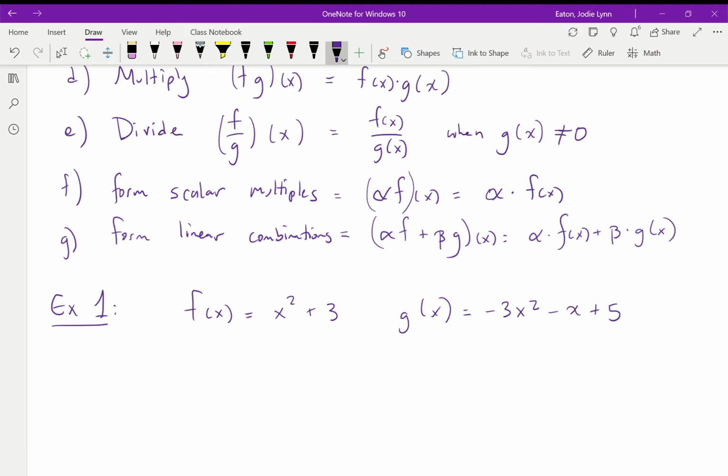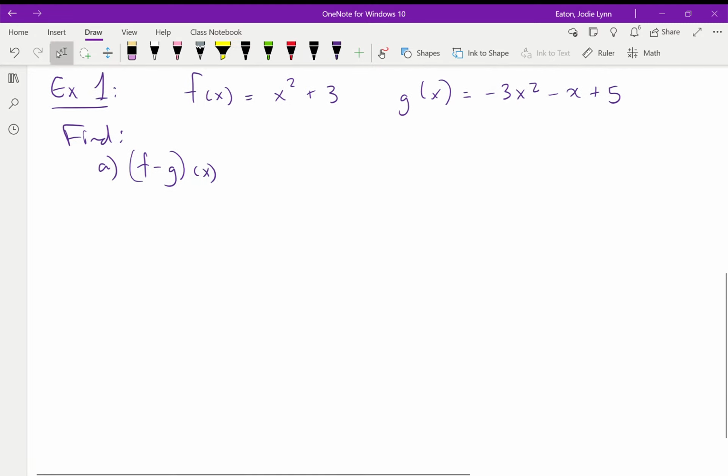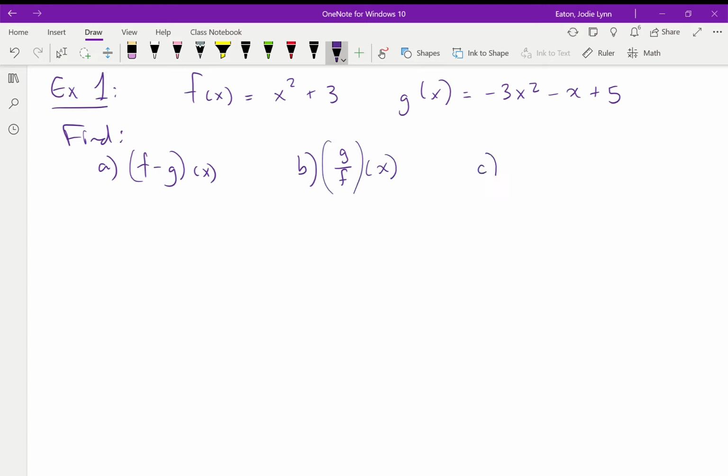Okay, we can find f minus g of x. We're going to find also g over f of x and 3f minus 2g of x.